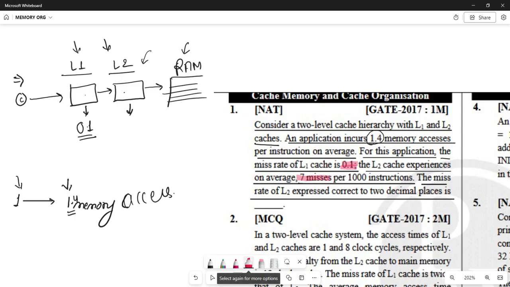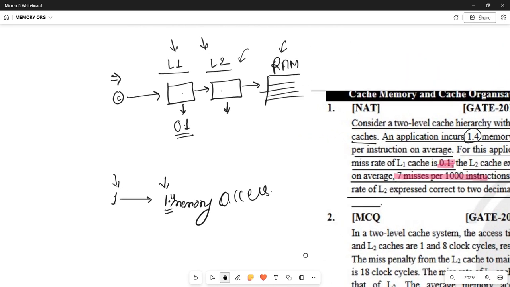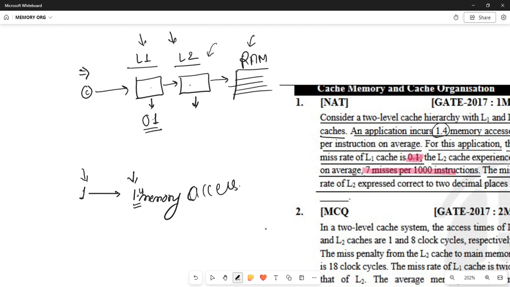The miss rate of L2 expressed to two decimal places is what? Let's try to find out the miss rate of L2. So there are 1000 instructions, and what we just learned is it needs 1.4 memory accesses.